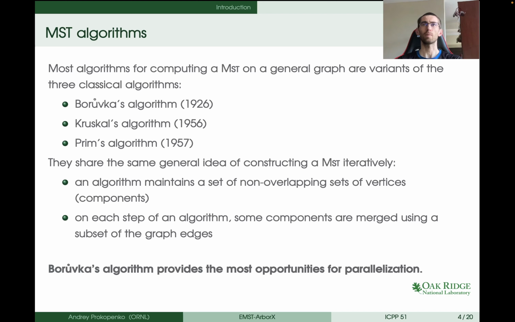Each algorithm maintains a set of sets of vertices called components, and then progressively merges them together using a subset of the graph edges. We will not be talking about Kruskal's and Prim's algorithm because in our estimate they don't provide sufficient level of parallelism required for GPUs, so we'll focus on the Boruvka's algorithm from now on.